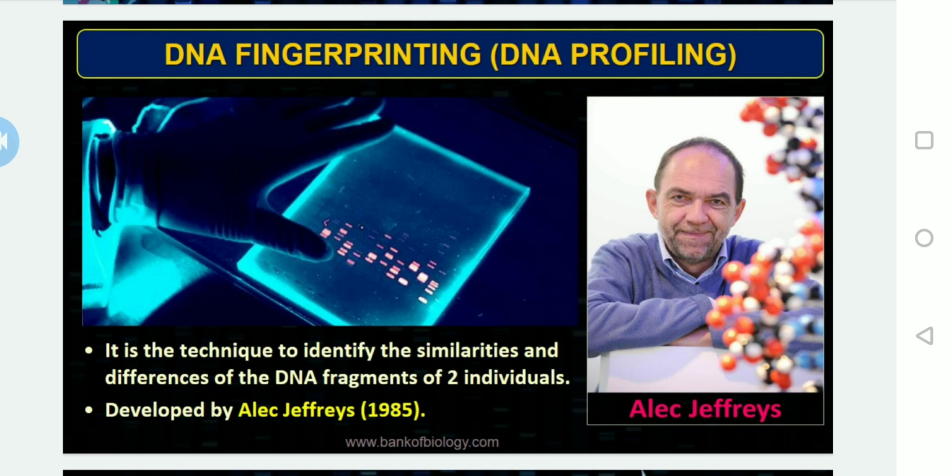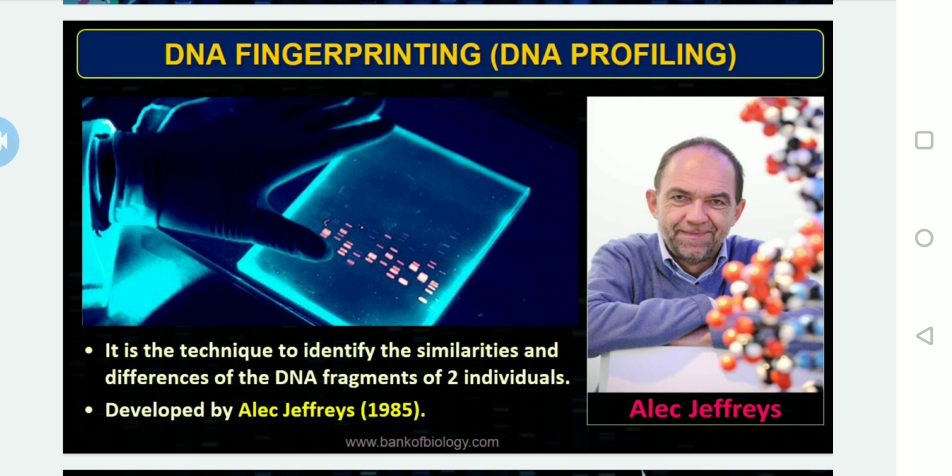These are called variable number tandem repeats, in short VNTR, which differ between two individuals and are used in identifying different human beings. That's why each and every person in this world is unique. They are all different from one another, except identical twins.